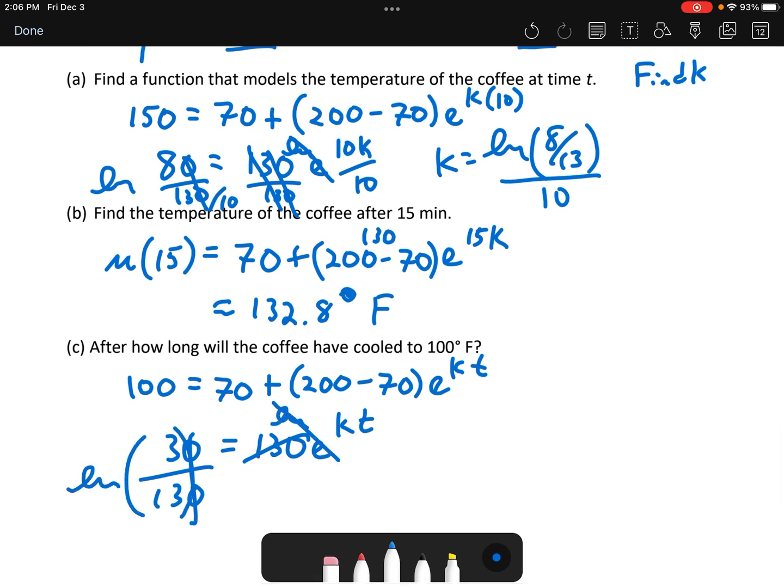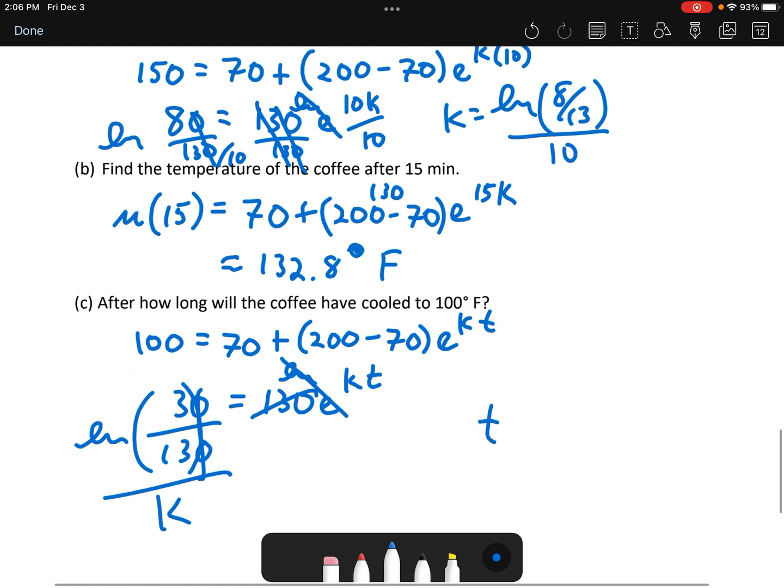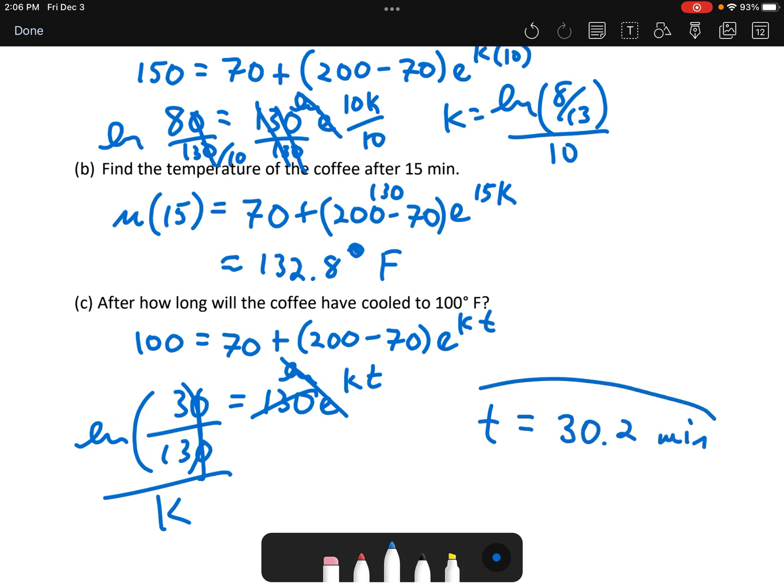Natural log of 3/13, natural log of that side, divided by K. So T would be the natural log of 3/13 divided by alpha K. About 30.2 minutes, and that coffee will be cooled to 100 degrees.